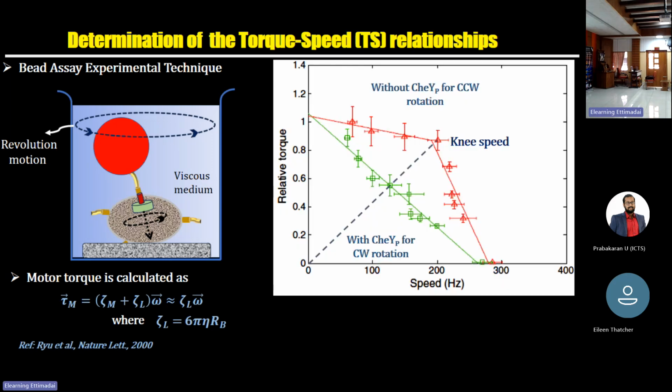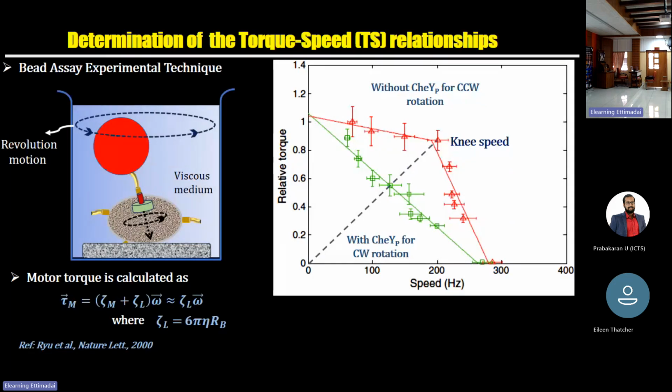Now, experimentally you are measuring omega, and from that equation you are calculating tau m, the torque. If you plot omega m versus tau, for CCW rotation you see a plateau-like region, and after a certain phase the velocity goes to zero.